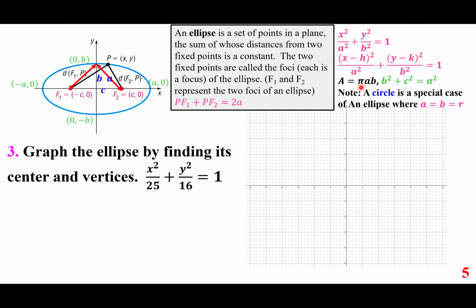For this one it is pi times AB. The reasoning is very simple. A circle is a special case of an ellipse where A equals B equals R. If A and B are identical, it becomes a circle, and we don't call it A and B anymore. We call it R, the radius. That's why all of these work in the same manner that is mentioned here.